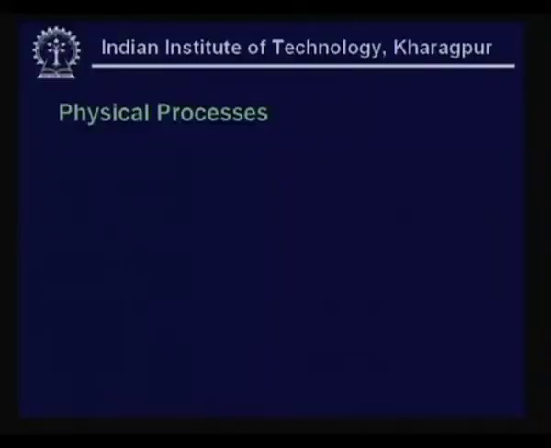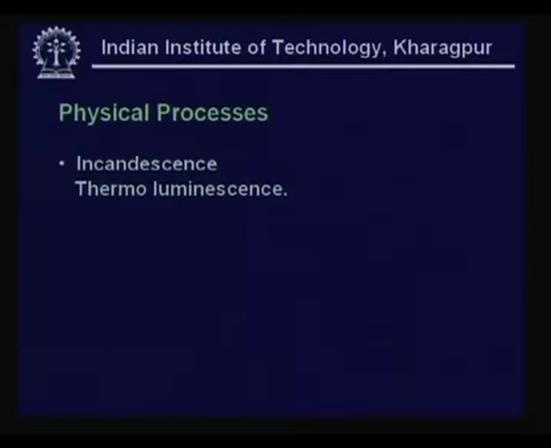Having said so much, let us look a little more deeply into the physical processes that are enabling us to have various artificial sources. The first one, as all of us are familiar, is the naked lamps which are used by most of us, these incandescents.